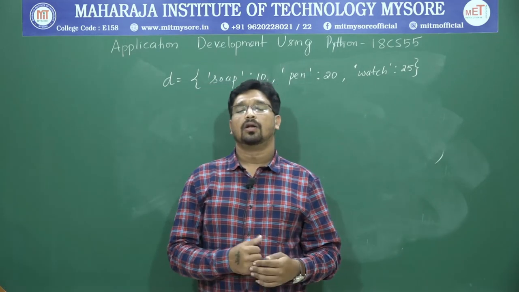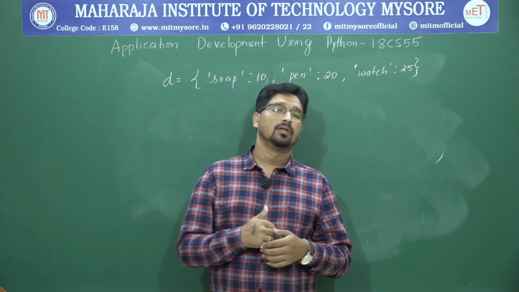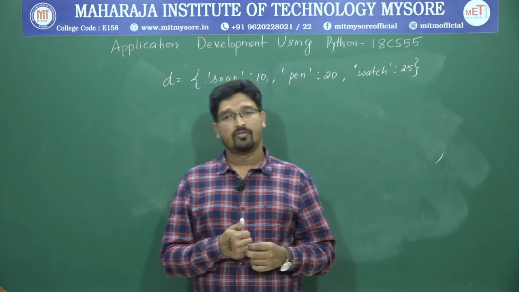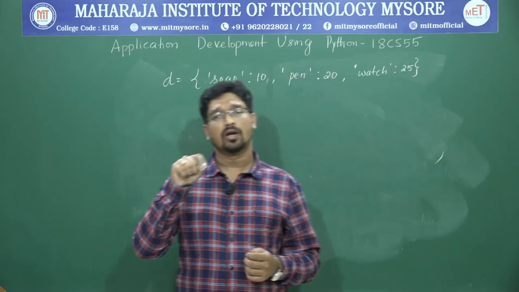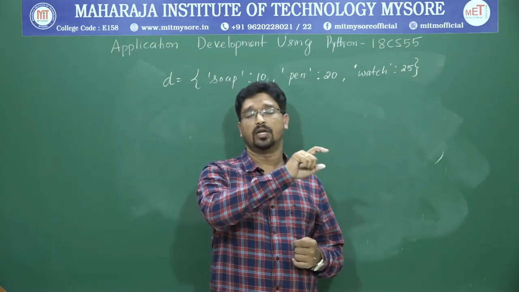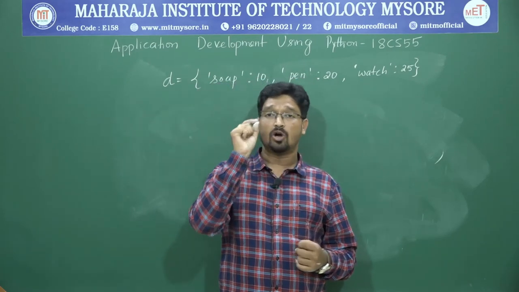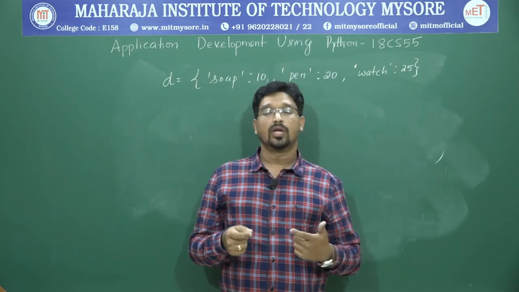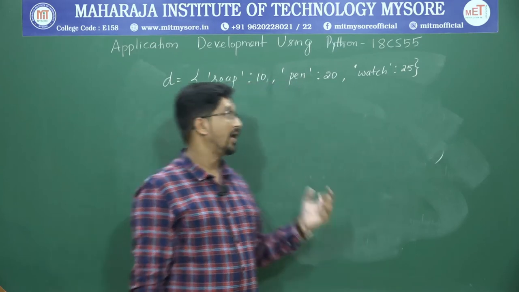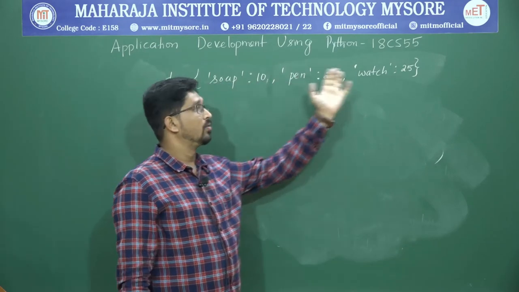Next, let us say you have a dictionary and you want to check whether a particular key already exists in the dictionary. If the key does not exist in the dictionary, then you want to add a new value to that particular key. Means you have soap, pen, watch.